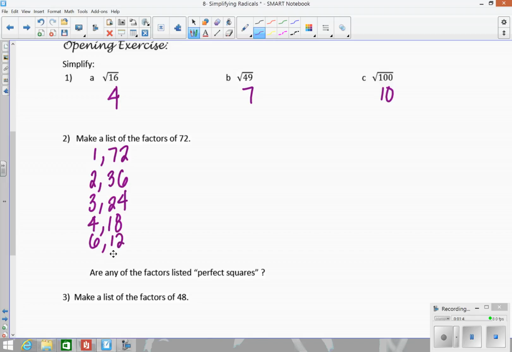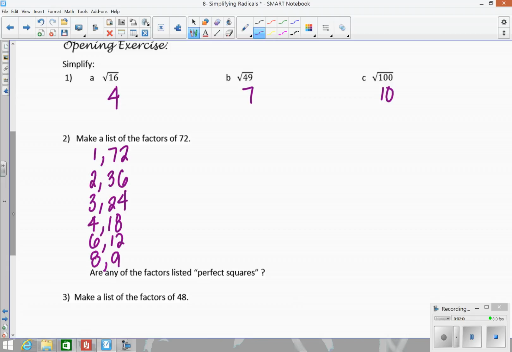And then 7 doesn't work, but 8 and 9 would work. Once we get here, the next number would be 9, which we already have, so it starts to repeat. You can do the rainbow for this if that's what you want, but mainly you just have to get the factors. So here are the numbers that multiply to give me 72.